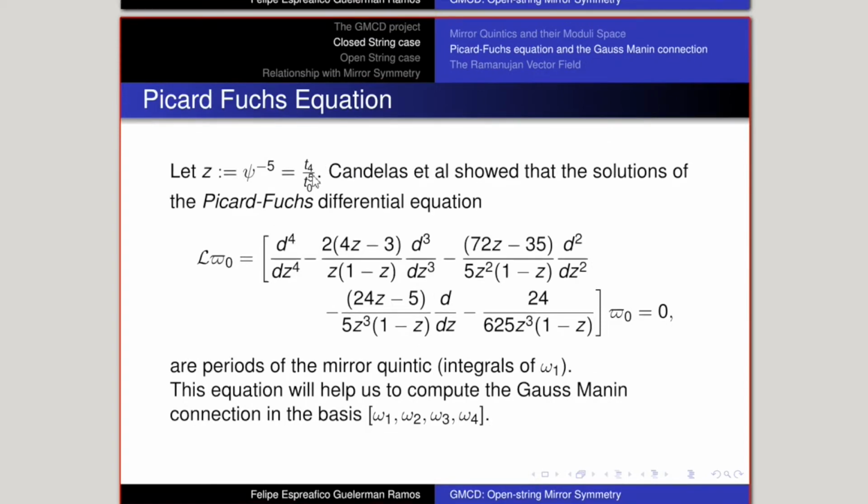So we start with this Z here, and we consider the famous paper from Candelas, De La Ossa, Green, and Parkes, in which they show that we have this Picard-Fuchs equation, and the solutions for this equation are exactly periods of the mirror quintic.